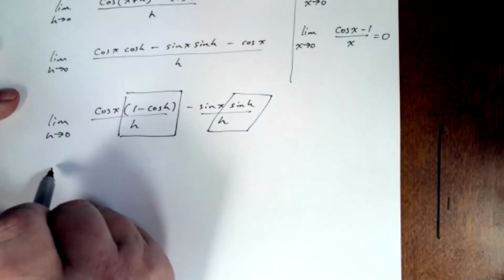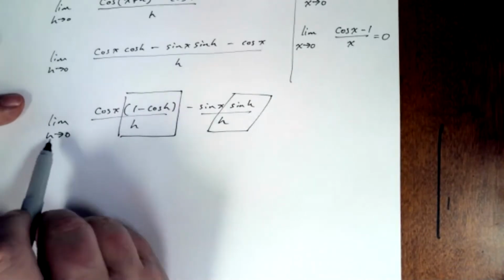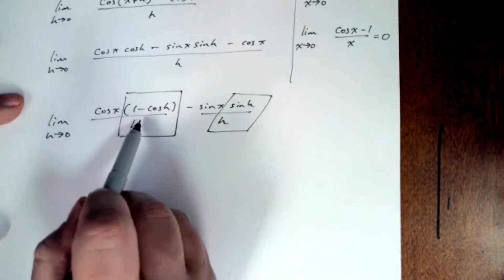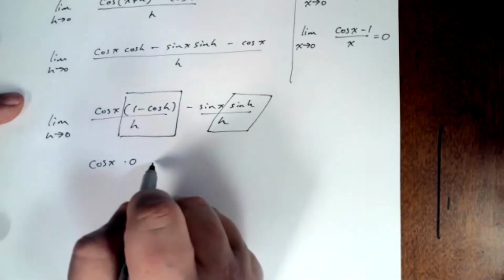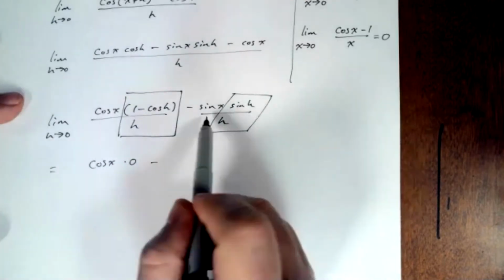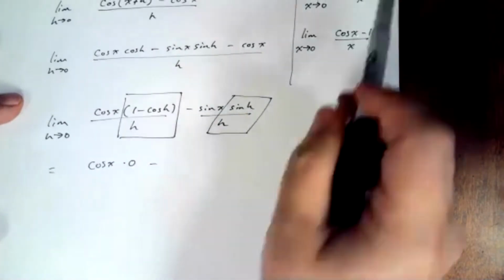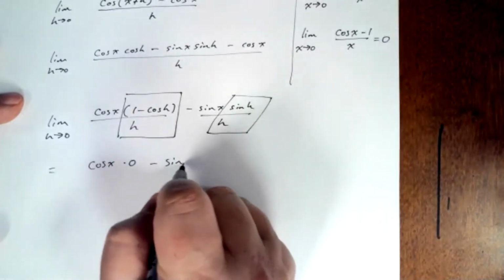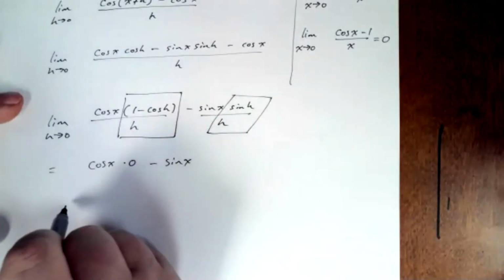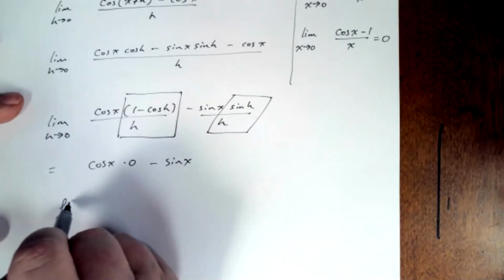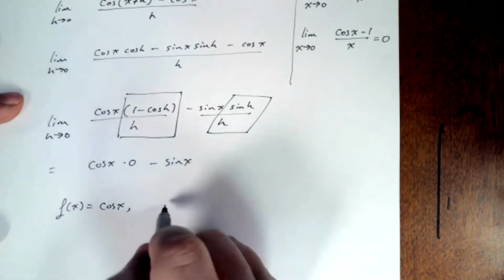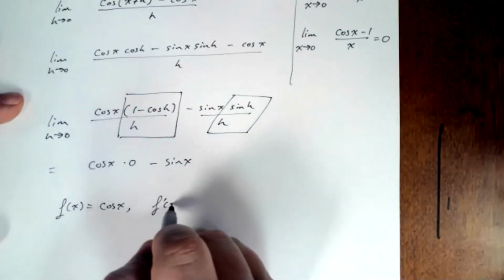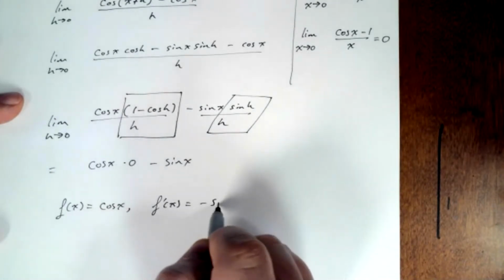So now I can say that this limit is 0. And sine h over h is 1. So the derivative, if f of x is equal to the cosine of x, the derivative is negative sine of x.